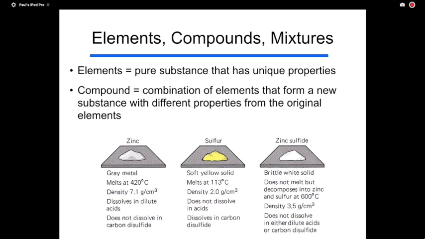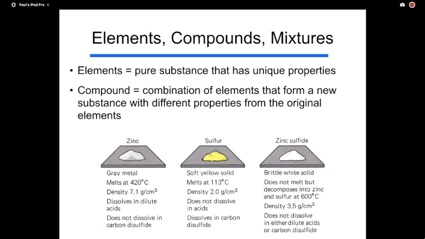A compound is at least two elements that are written together. Because they're together with no spaces, that means they are combined. And a compound can be identified because it has more than one capital letter in it.